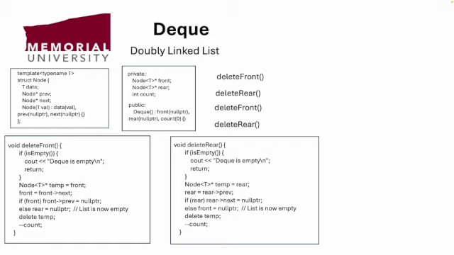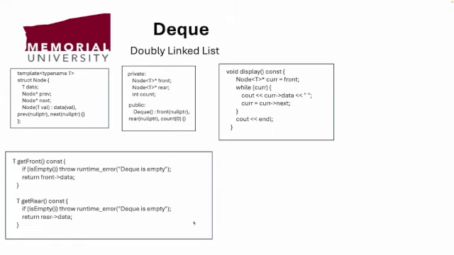We have to handle these two pointers, front and rear, properly. If the Deque is empty, we have to release the two pointers to avoid a dangling pointer. Question? No? Good.